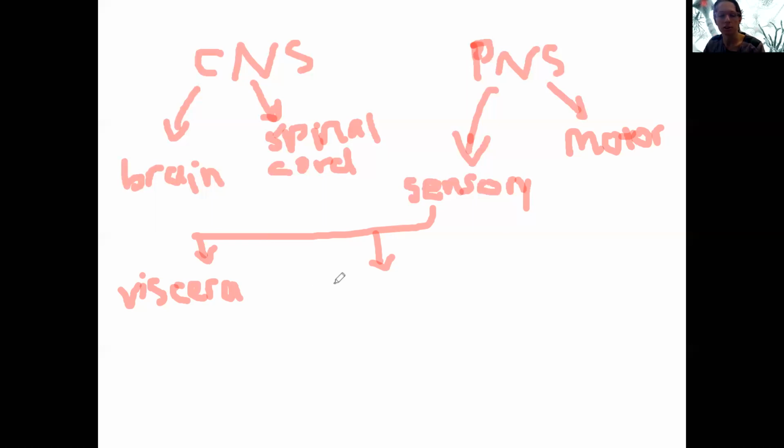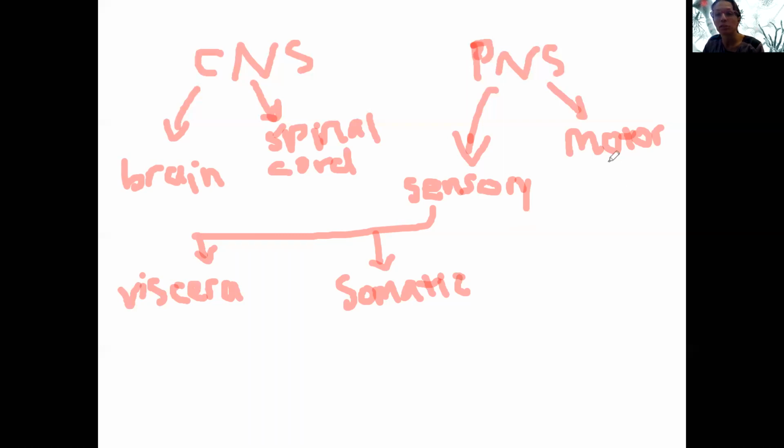We'll get into some other examples. These are things that are going to happen automatically. And then we've got somatic. So these are the things you typically become aware of. Somatic senses are things like touch that are more external and you're more aware of and can consciously respond to. And we'll get into sensory systems as a separate topic later.